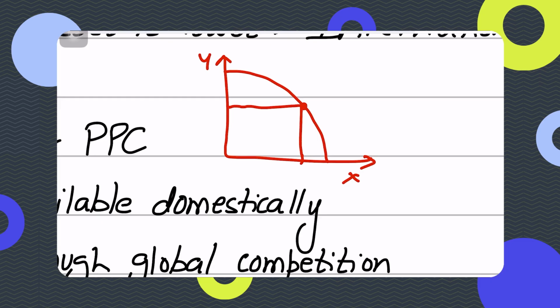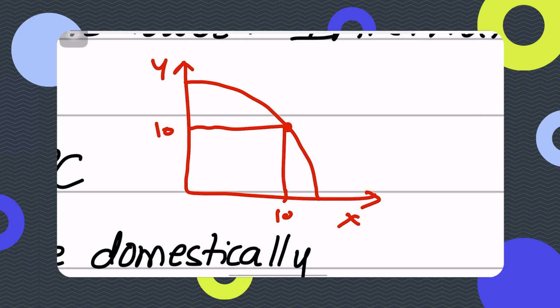And this is what I can consume as well. I can produce 10x and consume 10x and produce 10y and consume 10y. But you learn that international trade will teach you that maybe you should just focus on X, and instead of producing Y, you should import Y from another country based on a mutually beneficial trade ratio.